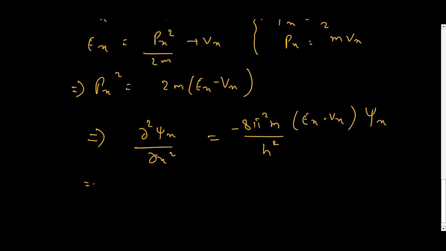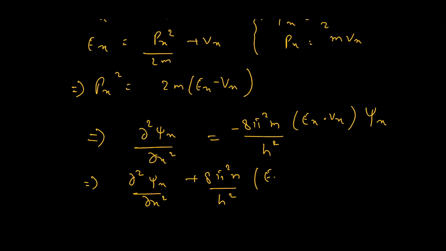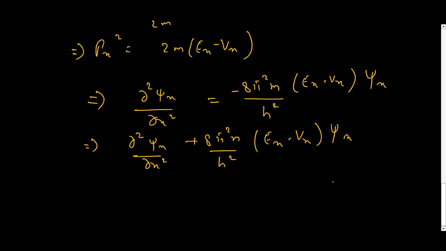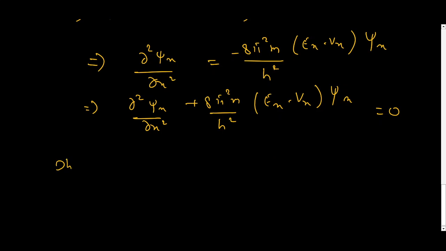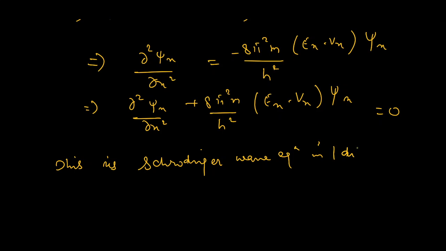Rearranging this, we get dou square xi x upon dou x square plus 8 pi square m upon h square into Ex minus Vx xi x is equal to 0. So this is Schrodinger wave equation in one dimension.